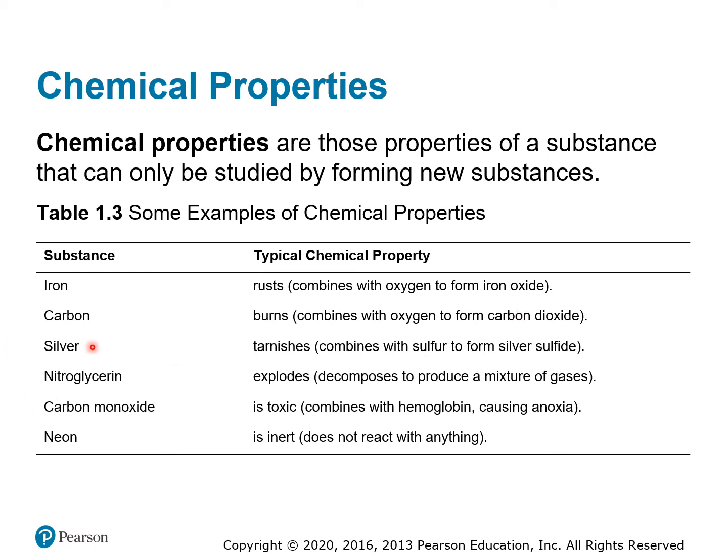Or for example, carbon burns, so it will combine with oxygen to form carbon dioxide. Or silver gets tarnished, becomes blackish in color after it combines with sulfur to form silver sulfide. So its chemical composition is changed and it becomes a new substance. That's how you study the chemical properties.